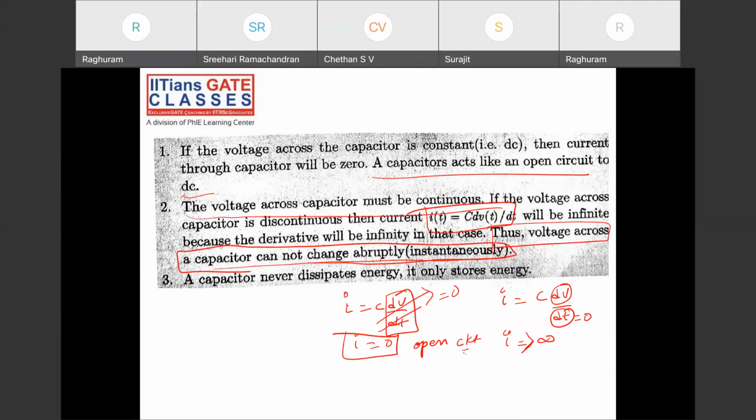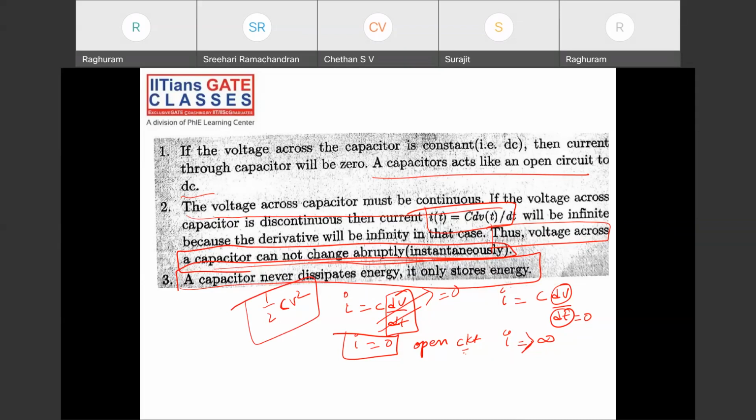Okay, a capacitor never dissipates energy, it only stores energy. So energy stored in a capacitor is half CV square. We just saw it, half CV square. It stores energy in the form of electrostatic field.